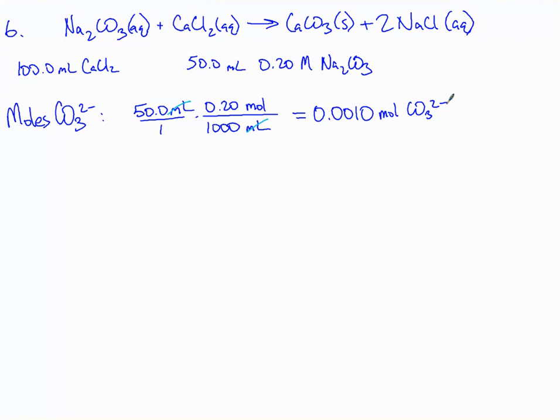So if we want to know the concentration of the calcium chloride solution, we need to know how much calcium is going to react here. Moles of calcium ion. This is your stoichiometry step. I think I have one too many zeros.